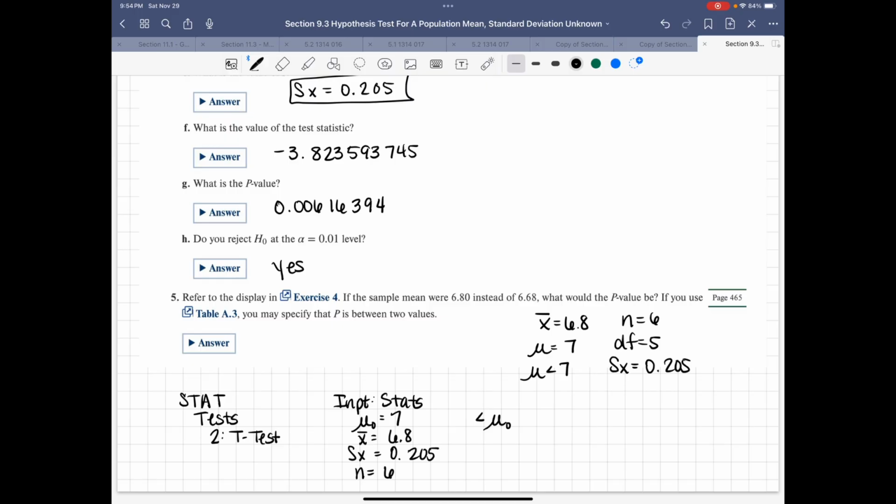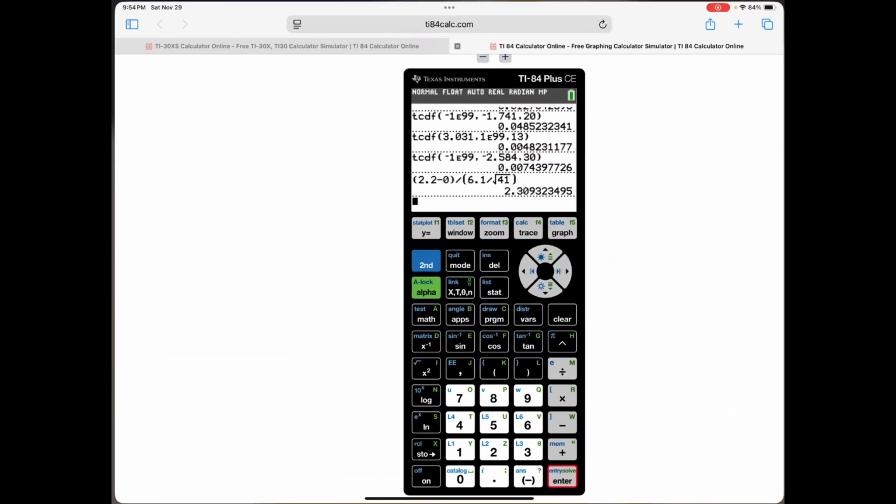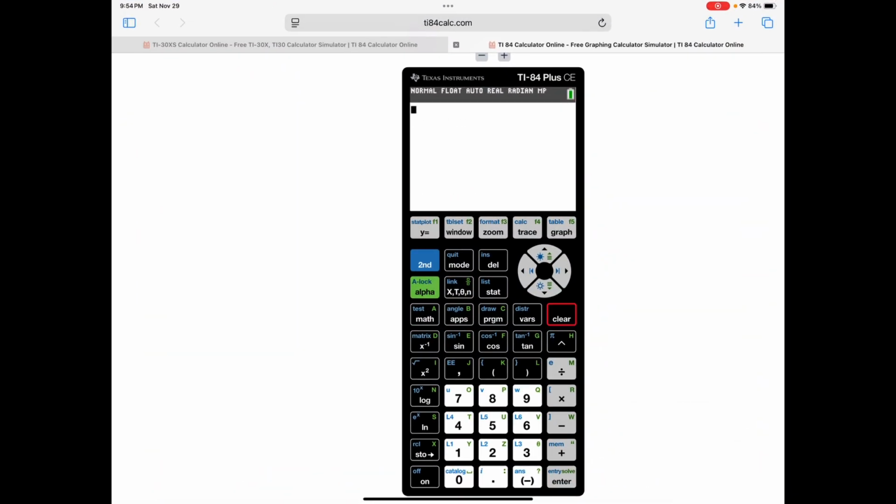Okay? So we're going to go over here to our calculator. I'm just going to clear that. I kind of got a lot going on there. I'm going to go to Stat. I'm going to go over to Tests. I'm going to pick number 2, the t-test. I am on Stats right there. My null is 7. My x-bar is 6.80.